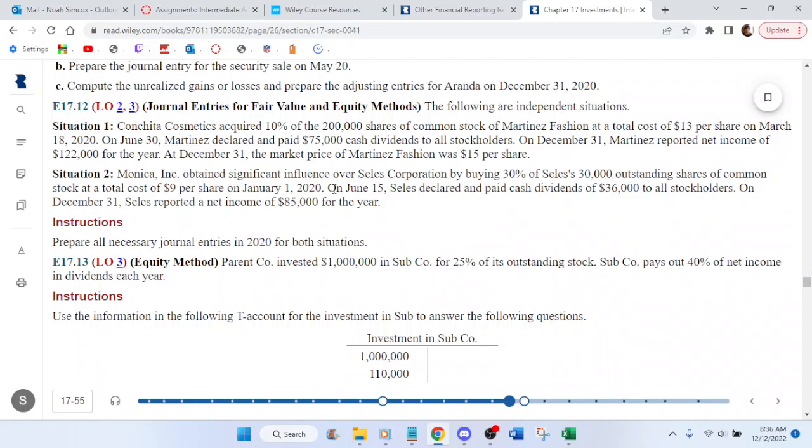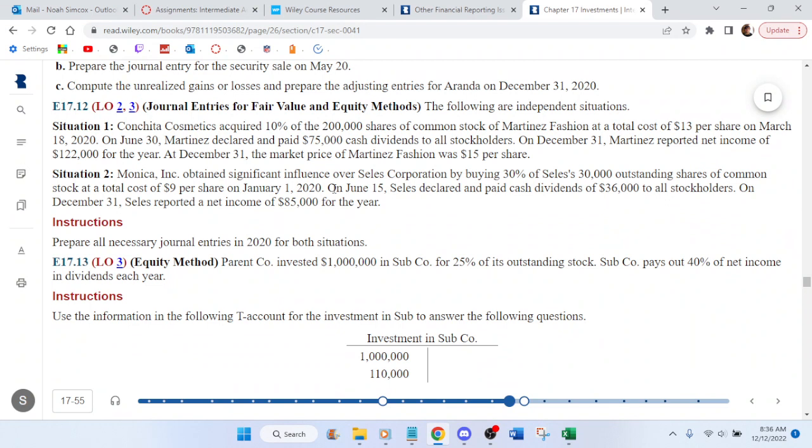But if you have net income of the investee, the net income will increase your investment income, or it could increase your investment losses.